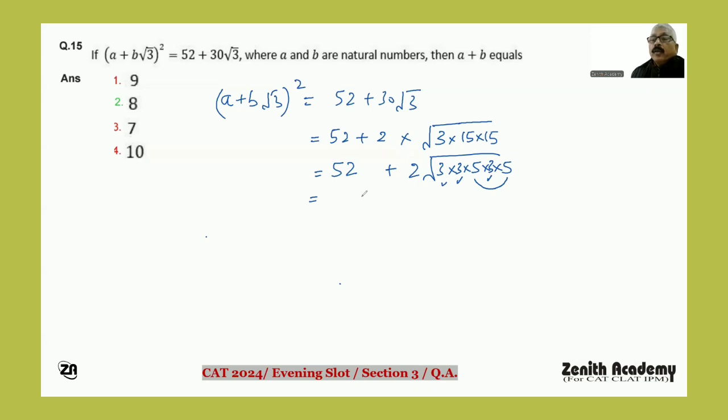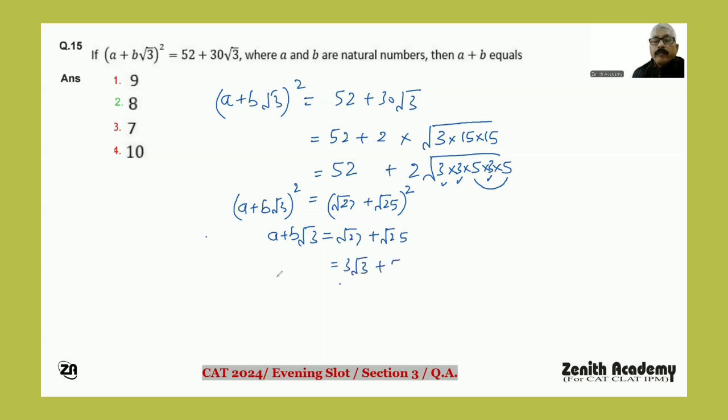It means root of 27 plus root of 25 का ये स्क्वायर लिखा हुआ। हम्म, वेरी सिंपल। a plus b root 3 is equal to root 27 plus root 25. Root 27 means 3 root 3 and root 25 is 5.